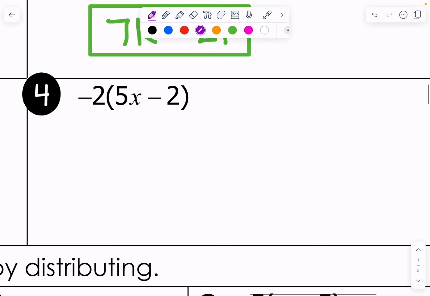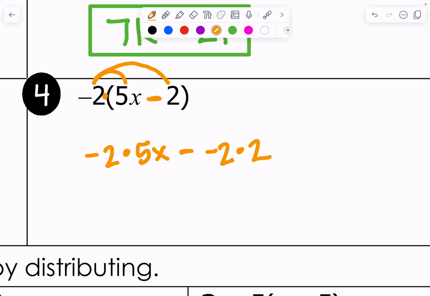So let's try number 4. We have the same thing happening where we have a negative number that's being multiplied to our difference here. We know that there's multiplication right here because there's nothing in between the -2 and the parentheses. So I am going to take -2 times 5x minus -2 times 2.